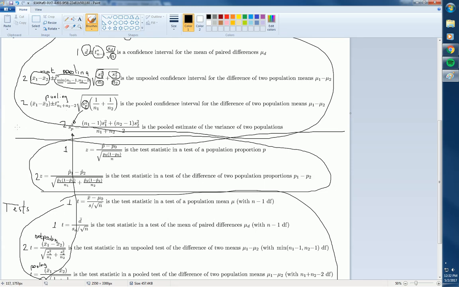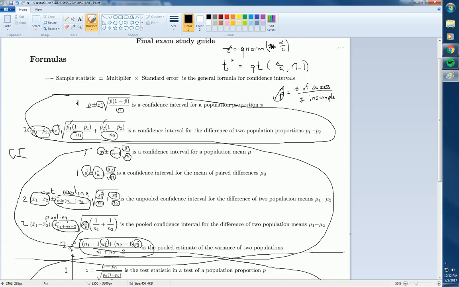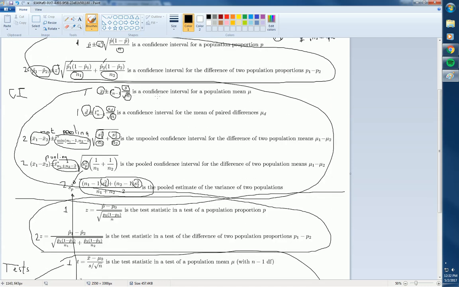If you need to pool, the only thing that changes is that you'll calculate s squared sub p using the formula down here, which is a function of quantities that we're already familiar with, the n's and the s's. Then you put it in and calculate everything. Your t star is calculated the same way as above using qt, but your degrees of freedom are now n1 plus n2 minus 2, which will go in place of the n minus 1 here.